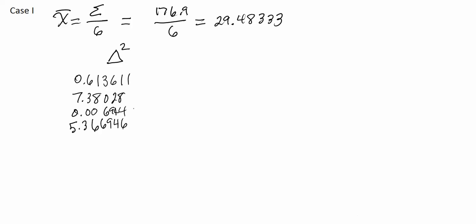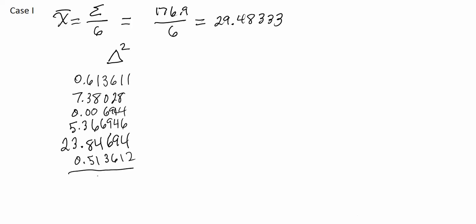Then I take the next observation, which is the low one, 24.6 minus 29.48333, and square that. I get my biggest contribution here, 23.84694. Then I take 30.2 minus 29.4833333 and square that, and I get 0.513612.